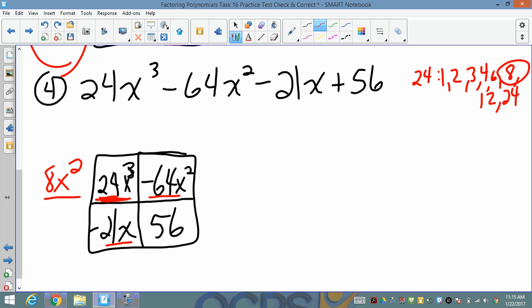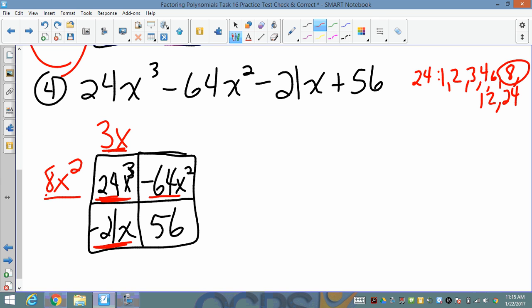Now the first column. Little trick here. If you're having trouble finding your GCF between 24 and 21, do 24 divided by 8, which is going to give us 3. And then check to see if that's our greatest common factor, which it is. 3 goes into 24, 3 goes into 21. And they have x in common.